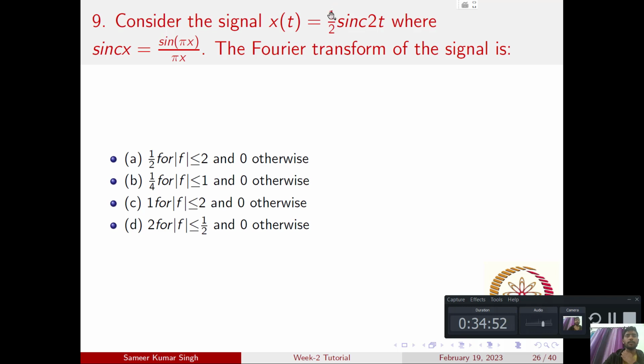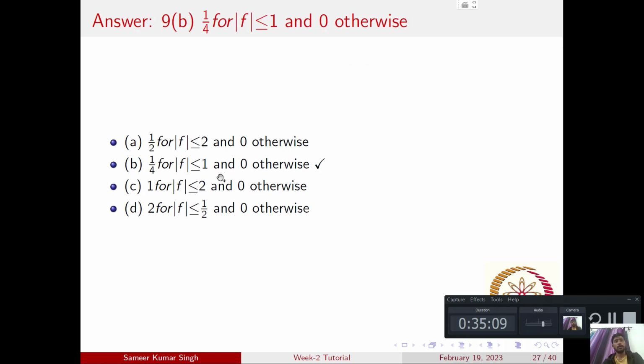The 1 by 2 represents amplitude, and we scale t with 2t. We are doing the scaling. So please find the Fourier transform of the signal.